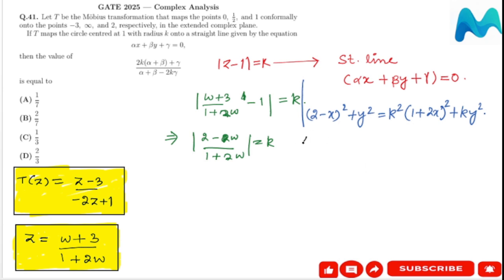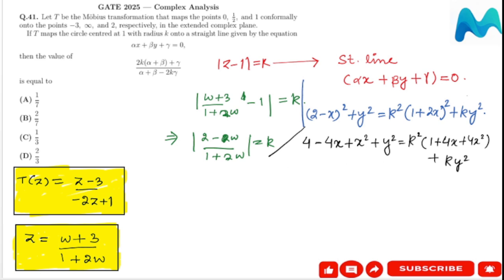So it will be 4 minus 4x plus x square plus y square equal to k square times (1 plus 4x plus 4x square plus y square).